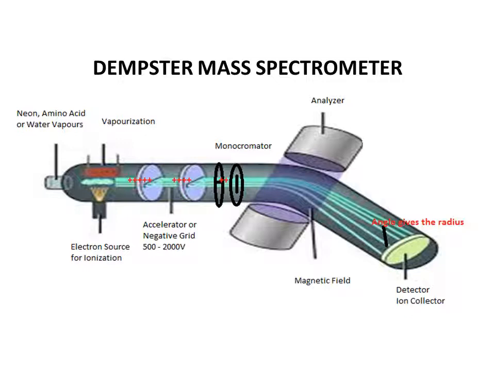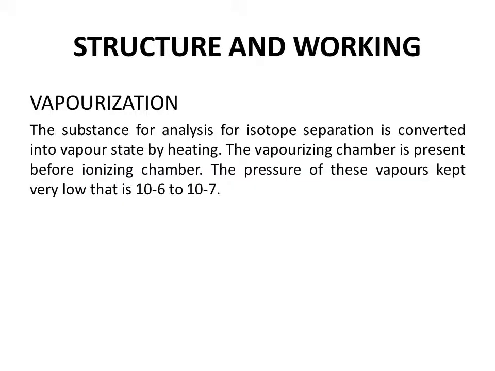So by this, we can understand how many isotopes are present in the form of peaks and their relative abundances by making a graph. So this is a very simple explanation of the Dempster mass spectrometer. In further slides, I am going to tell you in detail. So we will start from vaporization.